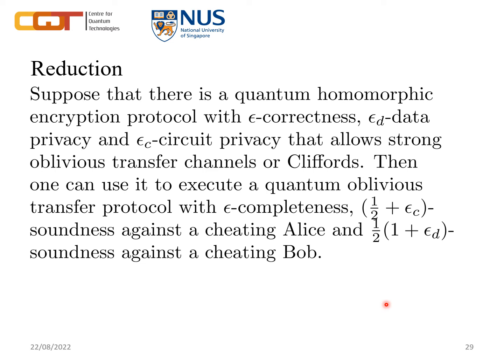More specifically, if we have a quantum homomorphic encryption protocol that allows strong oblivious transfer channels or Cliffords with epsilon correctness, epsilon_d data privacy, and epsilon_c circuit privacy, then we can use this quantum homomorphic encryption protocol to execute a quantum oblivious transfer protocol with epsilon completeness, 1/2 plus epsilon_c soundness against Alice, and 1/2 plus epsilon_d soundness against a cheating Bob.